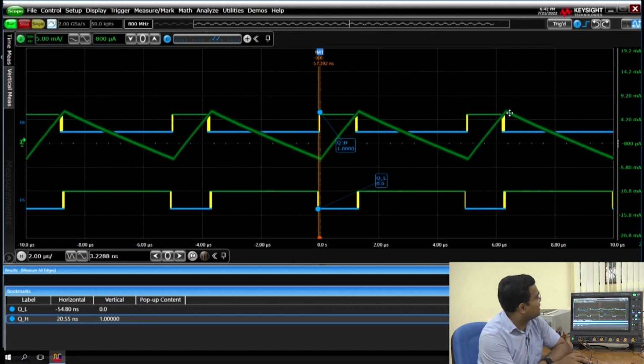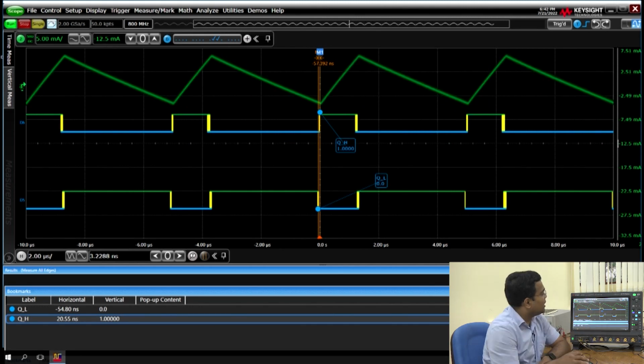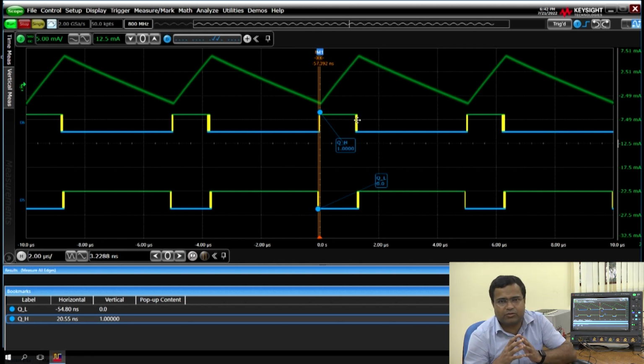On the other hand, here you can see there are two signals, besides the current waveform. The first one is the high side gate pulse, because we are talking about a synchronous buck converter where we have both a high side MOSFET and a low side MOSFET, and as you know, in a practical converter we need to provide a dead time to avoid shoot through current. So first it will be break and make.